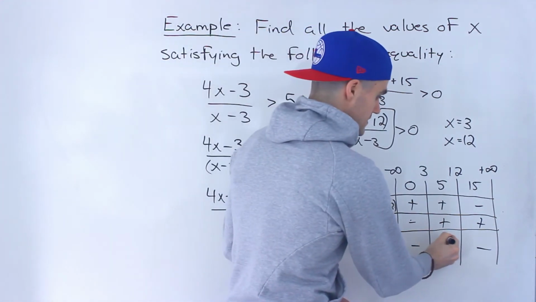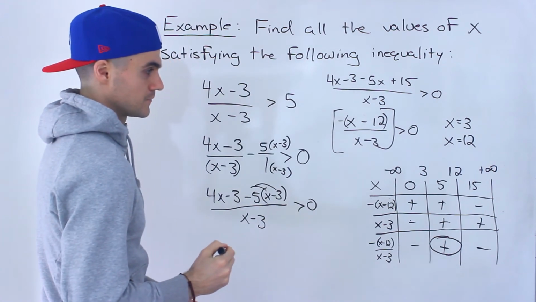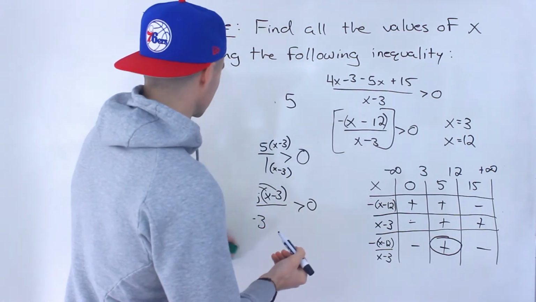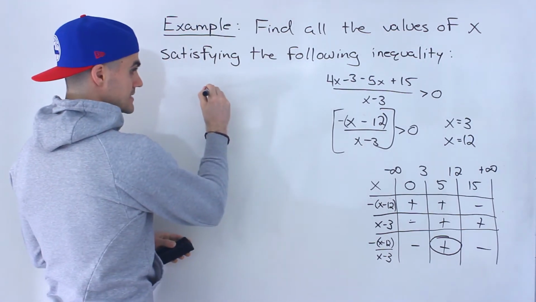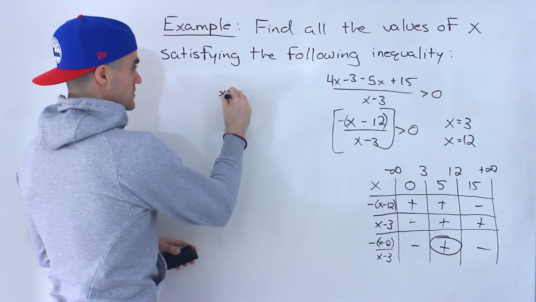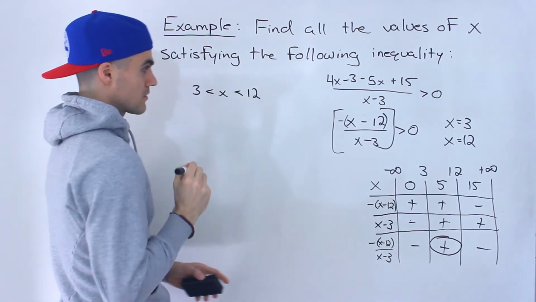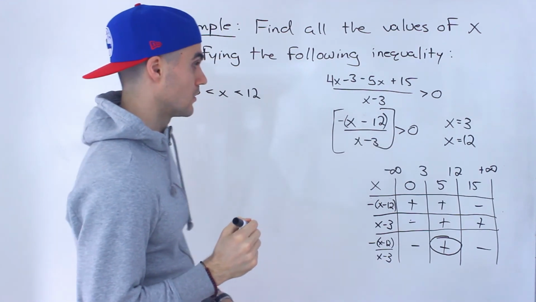Well, it's going to be greater than 0 in that interval right there. So the final answer for this question is that x is between 3 and 12, not inclusive of them because it's a greater than 0 over here.